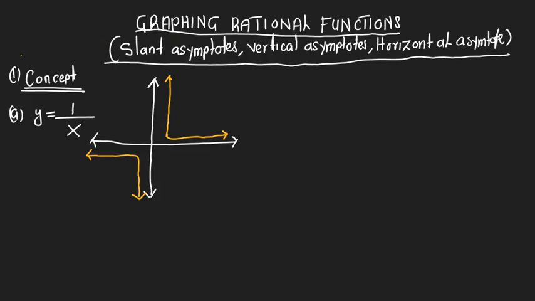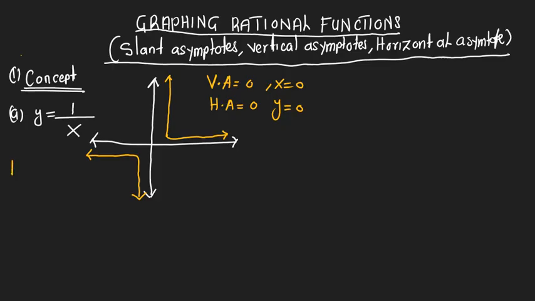Now, if for example your vertical asymptote is 0 and your horizontal asymptote is 0. Vertical asymptote implies x is equal to 0. Horizontal asymptote implies y is equal to 0. How do you find the domain and the range for this?